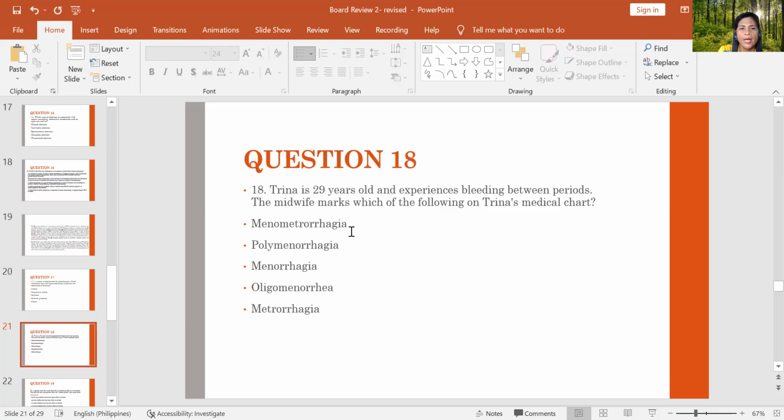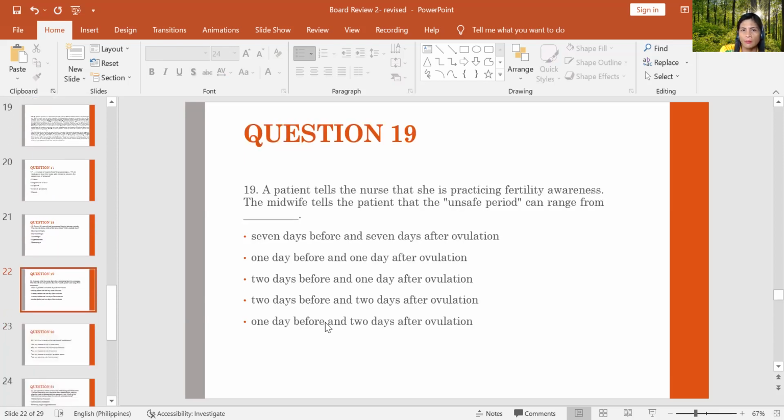And metrorrhagia is used to describe periods that are heavier, sporadic, and more frequent than normal periods. So the right answer is metrorrhagia. Moving on to question number 19.